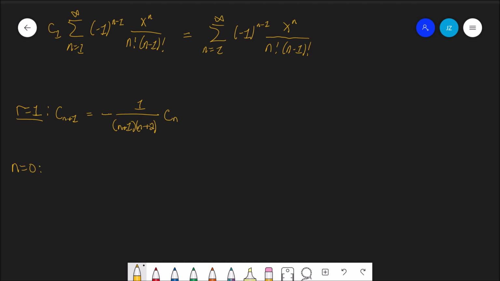So if n is 0, we get c1 is equal to negative 1 over 2 c sub 0. N equals 1, we get c sub 2 is negative 1 over 2 times 3 c1.